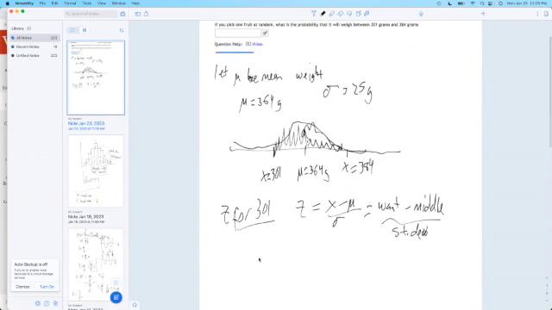So 301, that's the number I'm interested in now. That's the one I want. Minus, what number was in the middle? The mean, 364, divided by my standard deviation. Okay, I want to point this out real quick here. A lot of mistakes happen here.